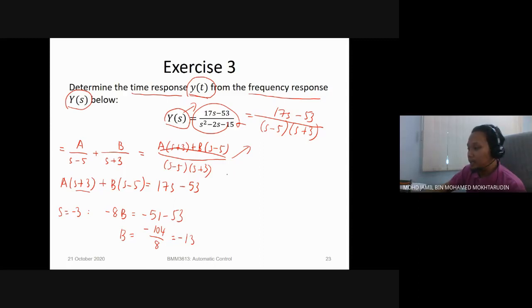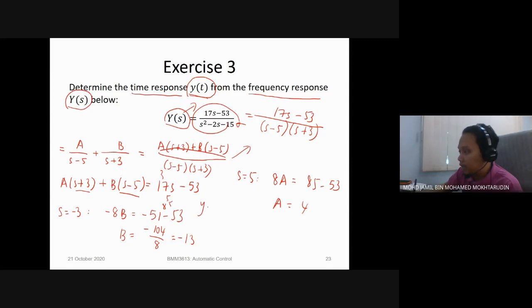Okay, the next root is when s equals 5. So s equals 5, you get 8a equals 85 minus 53. So you get a equals 32 divided by 8, which is 4. Okay, so substitute back in the original equation.